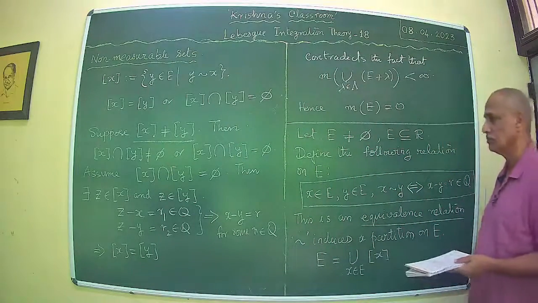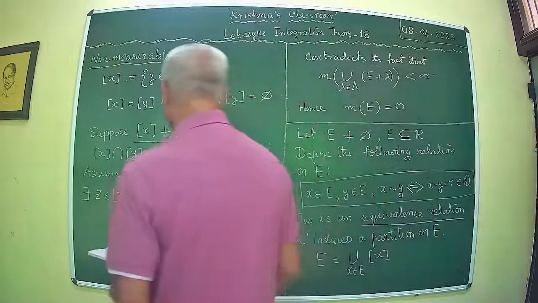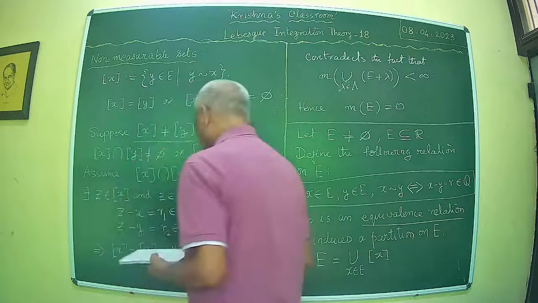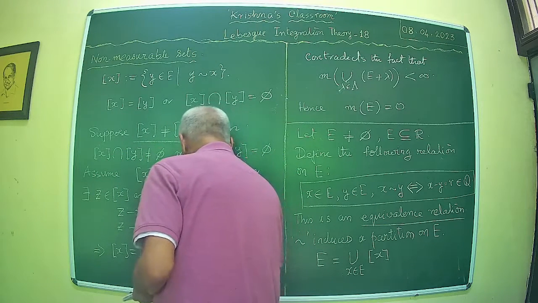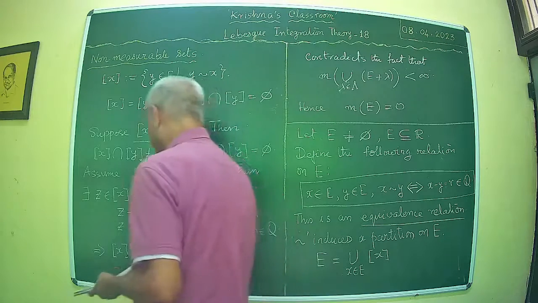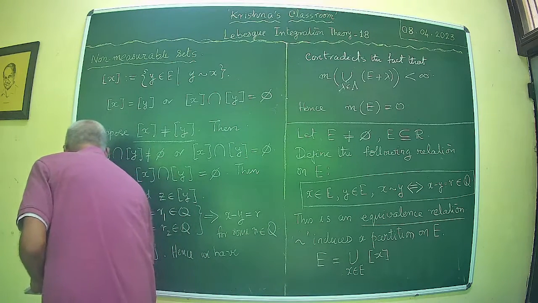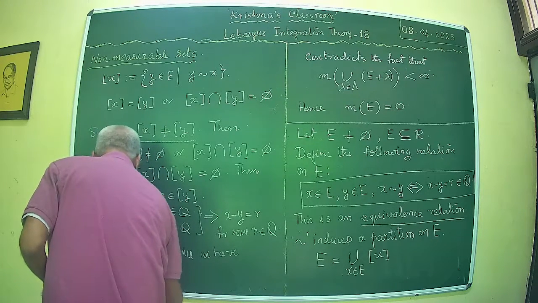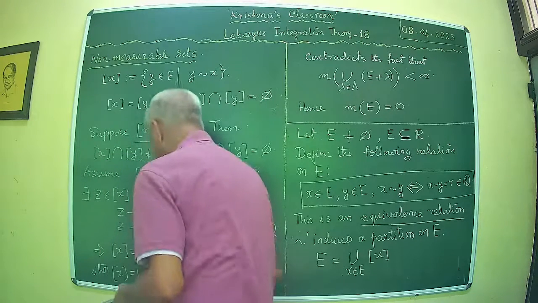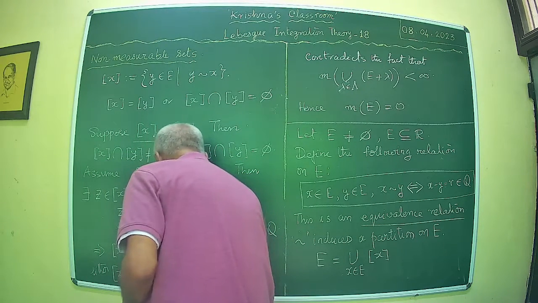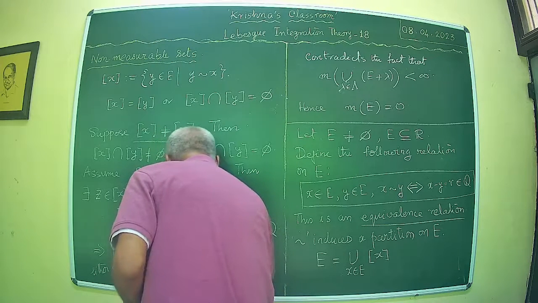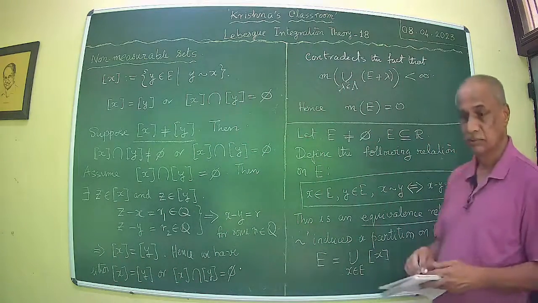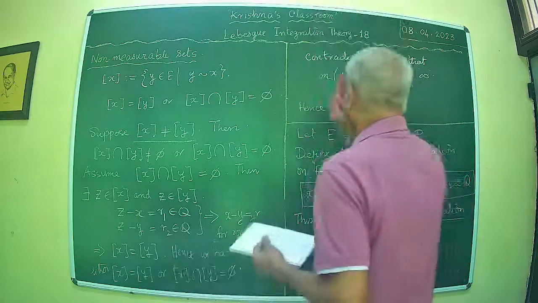Therefore, we see that the only possibility is, hence we have either the classes are equal or disjoint, so that we have proved. So that is the partition that we have.